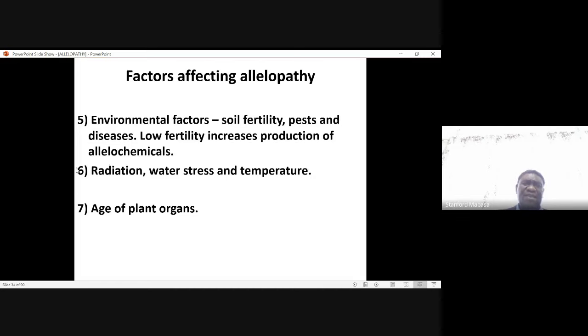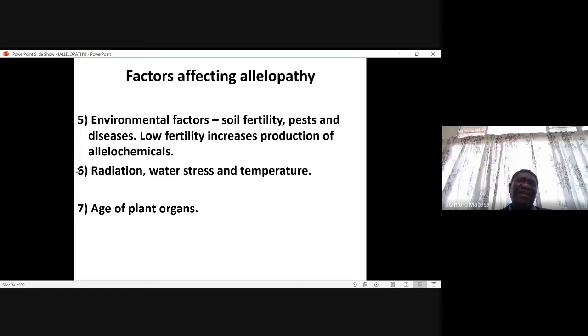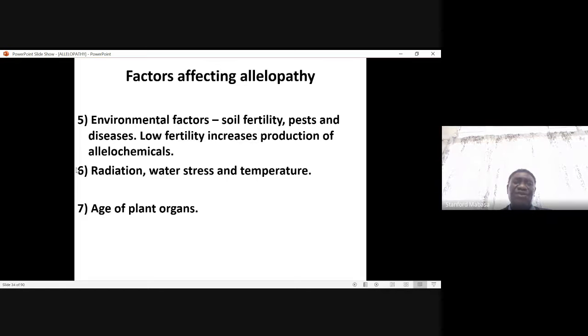The environment, especially soil fertility, pests, and diseases. Now, low fertility may increase the production of allelochemicals, because some allelochemicals help in the acquisition of nutrients.